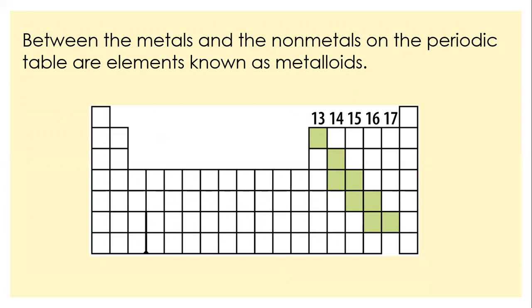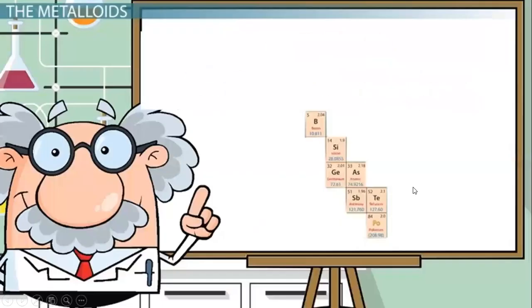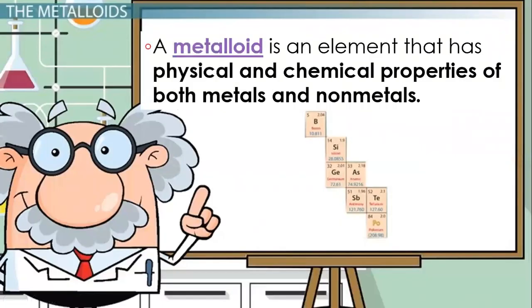Between the metals and the nonmetals on the periodic table are elements known as metalloids. Metalloids are elements that have physical and chemical properties of both metals and nonmetals. They have some properties of metals and some properties of nonmetals.